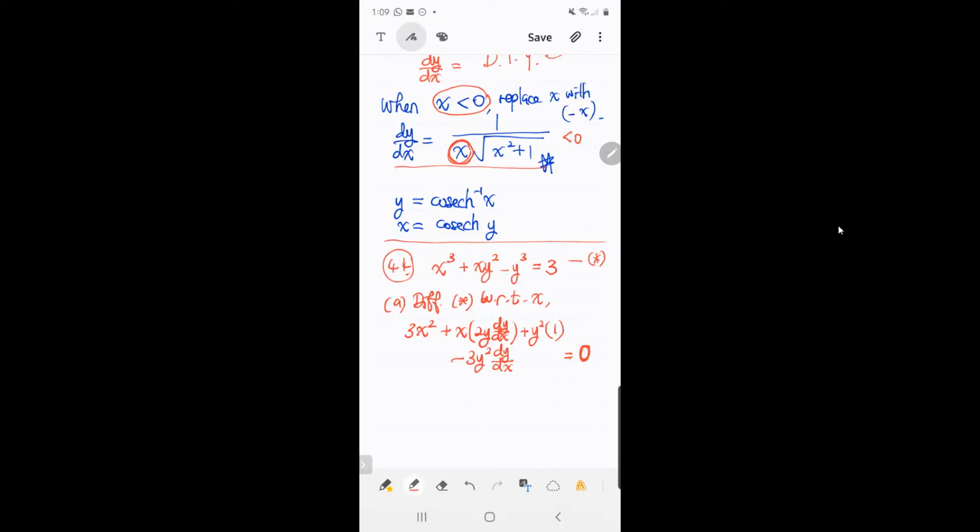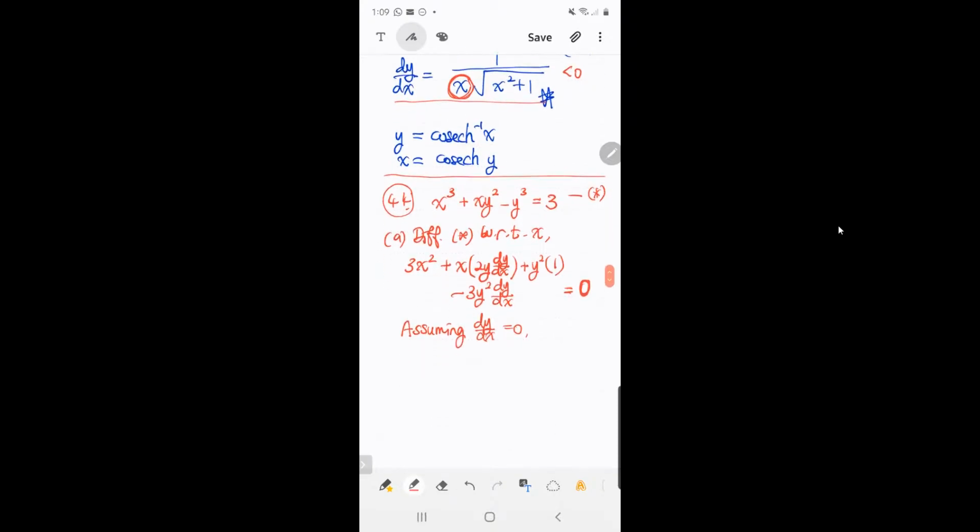However, they ask you to show that there is no point of the curve at which dy dx equals 0. So you assume dy dx equals 0, then you prove that your assumption is wrong. Therefore, dy dx cannot be 0. So you assume dy dx equals 0, therefore you have the balance.